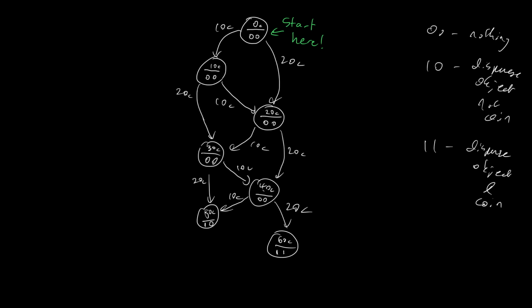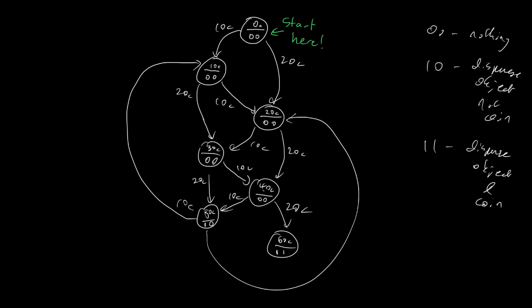Anyway, I'm in this state here. What happens if someone gives me a 10-cent coin? Well, I transition up here. So that's for 10 cents. And what happens if they give me 20 cents? Well, of course, I just go over here. That's the 20-cent one. And for the 60-cent one, I've given back the 10 cents, and so I'm at zero again now.